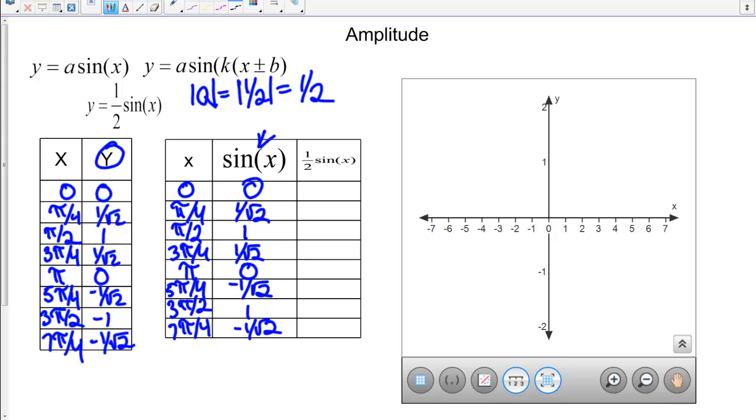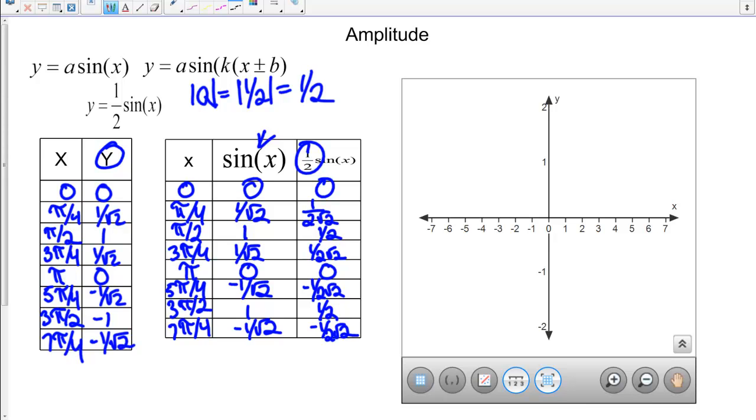Now we multiply this second column by 1/2, so 0, 1 over 2 square root of 2, 1/2, 1 over 2 square root of 2, 0, negative 1 over 2 square root of 2, 1/2, and negative 1 over 2 square root of 2.